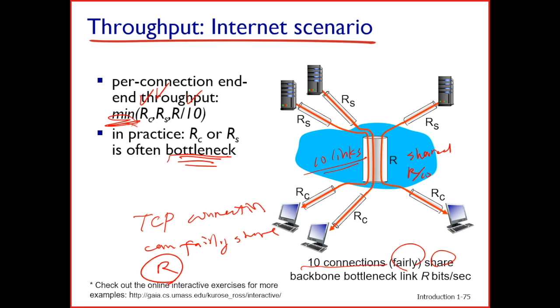So we use R over 10 simply, so that we have the actual derived link capacity R over 10, because we need to consider the individual connection. That's why we have RS and RC, but for the cloud, we have R over 10 given 10 connections.